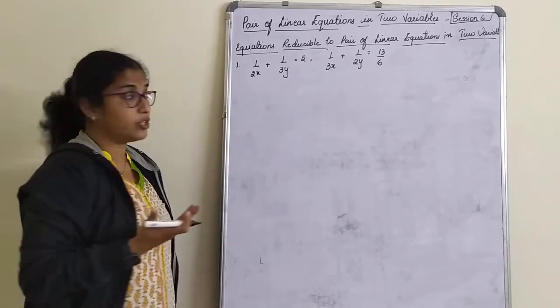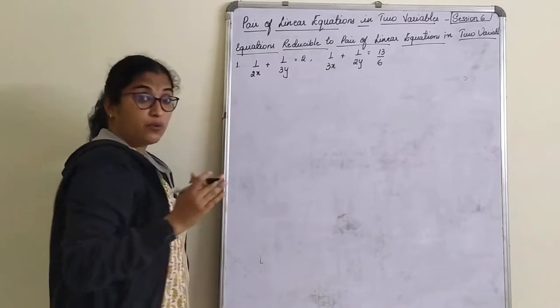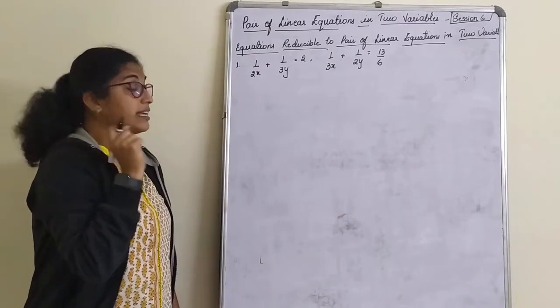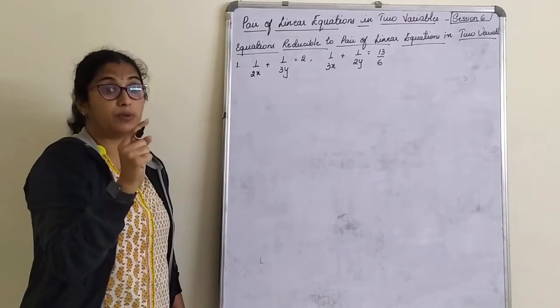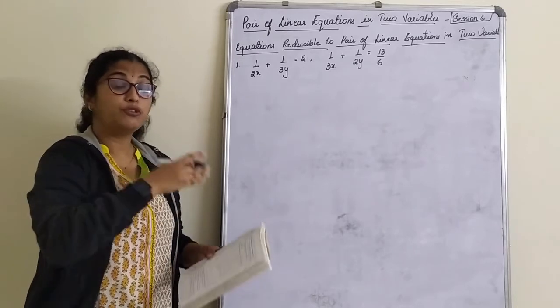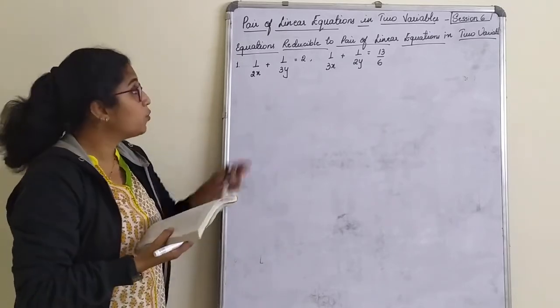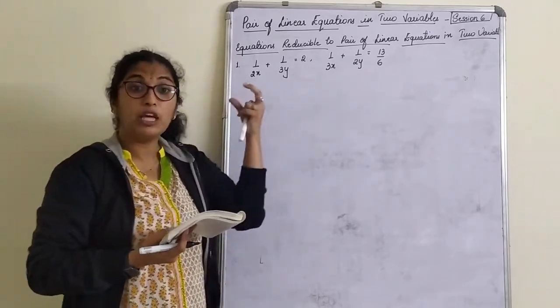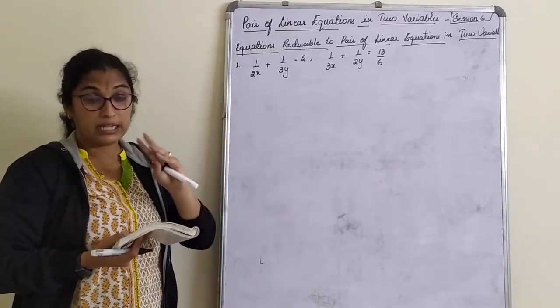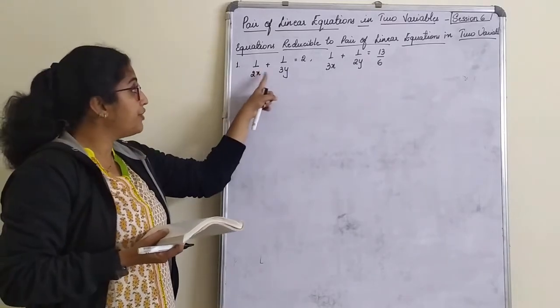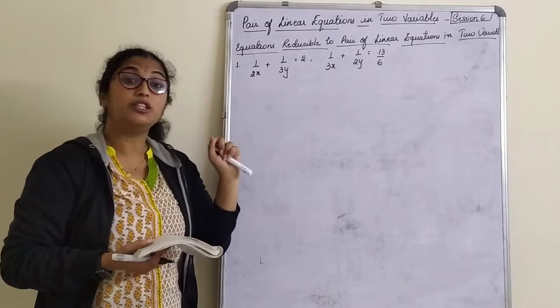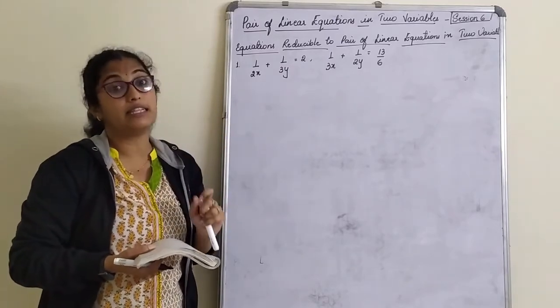How does a linear equation have to be? When we write a linear equation, the x and y variables should always be in the numerator. If you recall, in the previous few sums we took LCM and solved, correct? But the variables were in the numerator, not in the denominator.